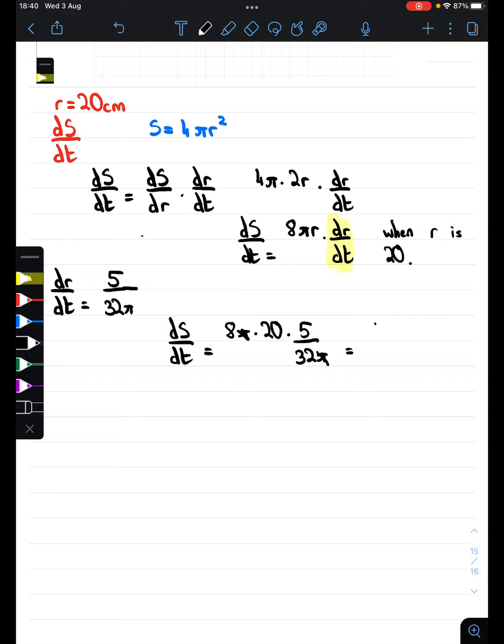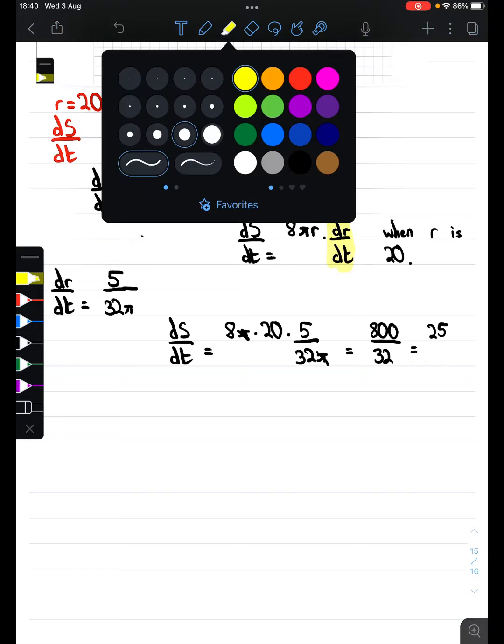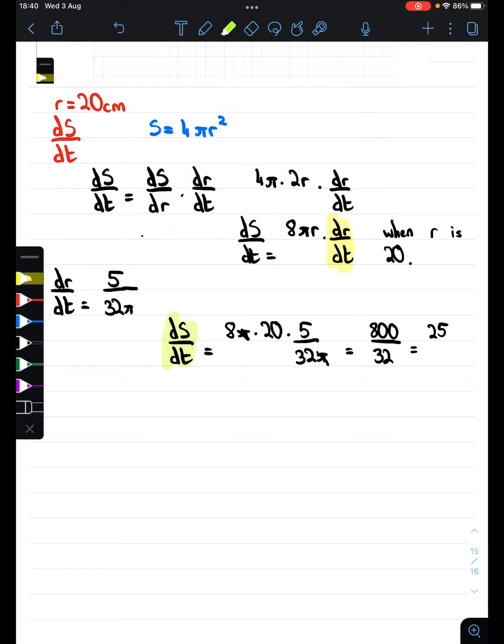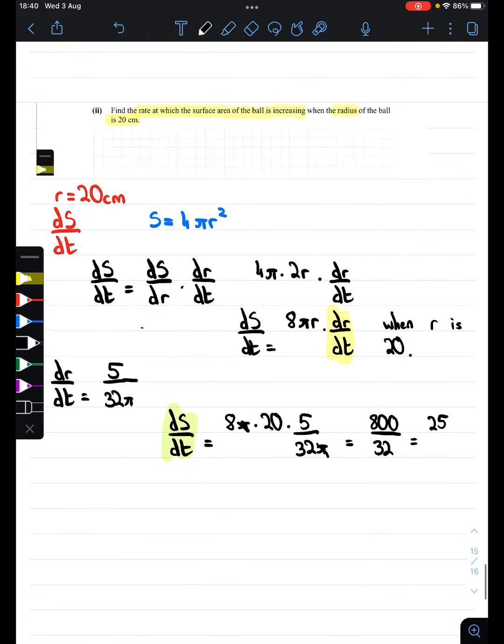So we're going to get 800 over 32, which is 25. So we have ds dt equals 25. And now what are the units? Always be careful to get these units in when you're actually working with length. So it's surface area, so we're working with centimeters squared, and again we're working with per second.